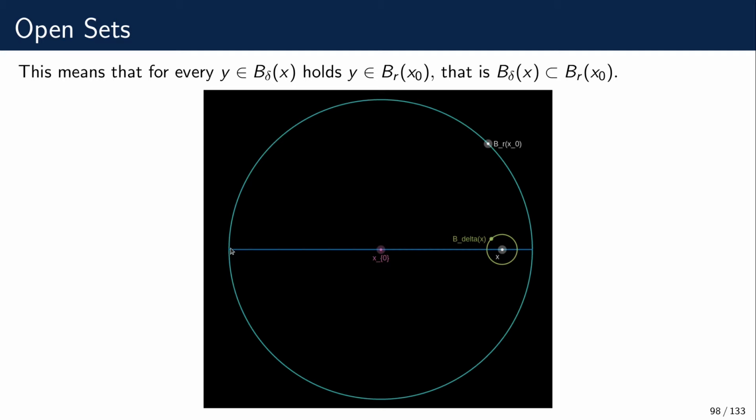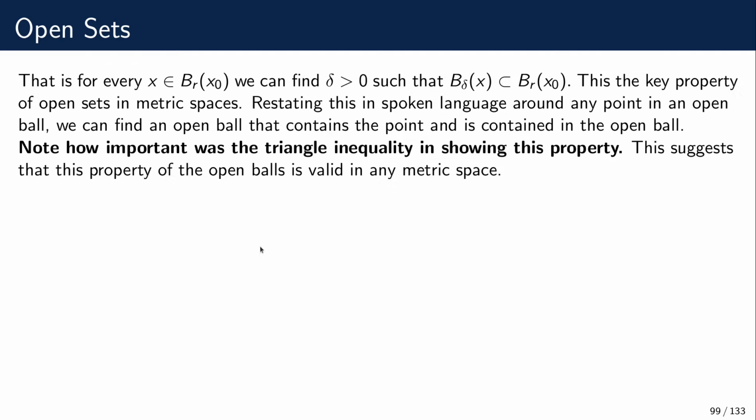So I can always find a ball that is small enough that will still be contained entirely in this open ball, okay? So this property of open balls shows that open balls are open in a sense that we will define. We have seen that for every x in the open ball, we can find an even smaller open ball that will be contained in the original ball.